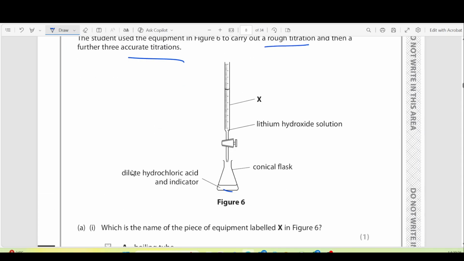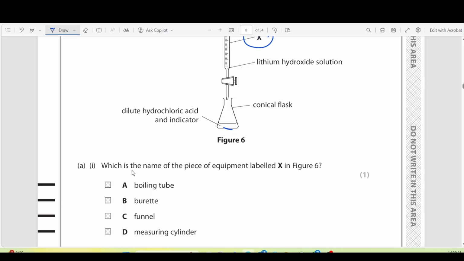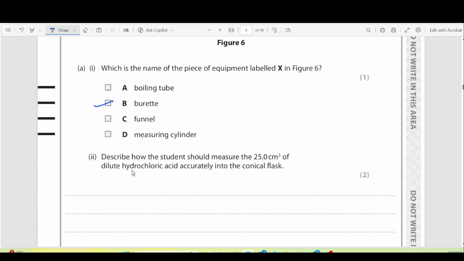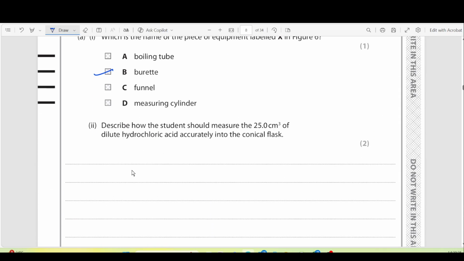What is this equipment called, which is X here, this tube? This is called a burette. So this is correct.